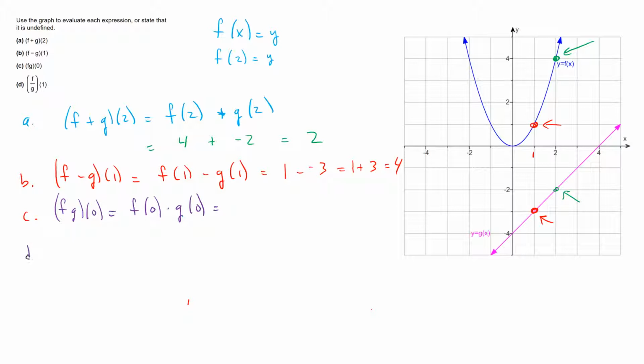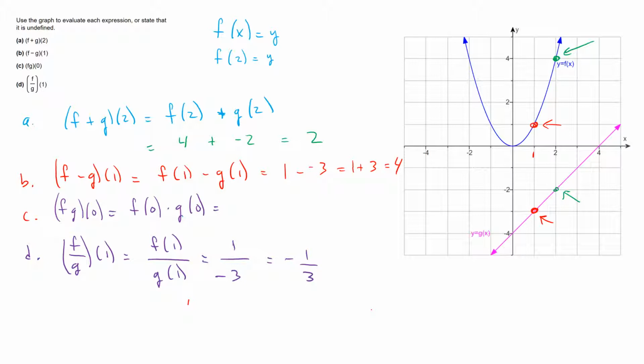And if I go ahead and look at part D, it wants us to do f divided by g of 1, which would be f of 1 divided by g of 1. We already know what f of 1 and g of 1 are from part B. F of 1 was 1, and g of 1 was negative 3. So negative 1/3 appears to be the answer to part D.